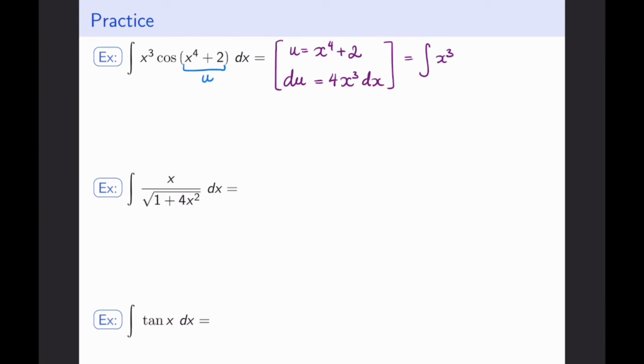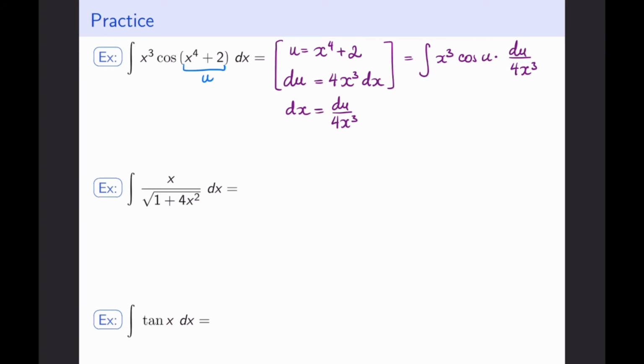I have x cubed times cosine of u times dx. From this expression, we can solve for dx. So from here, I have that dx is equal to du over 4x cubed, and that is a thing that I can substitute for dx.